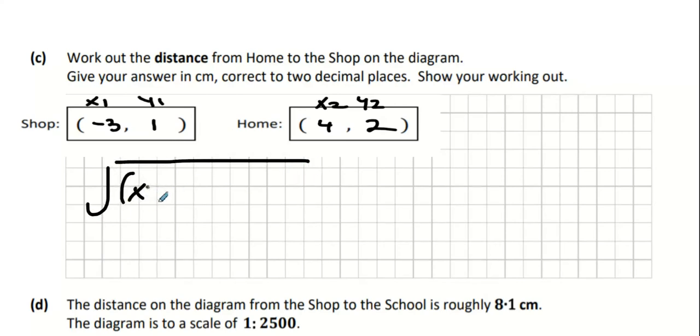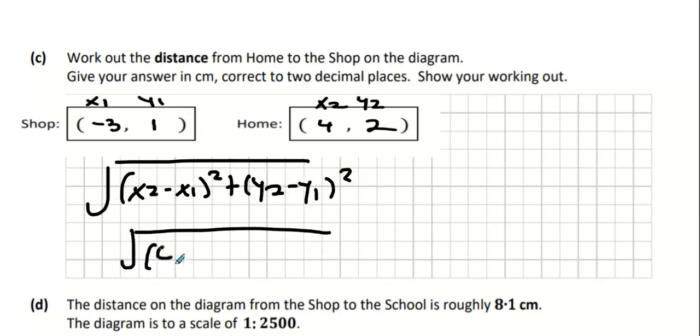So x2 minus x1 squared plus y2 take away y1 squared, and what we get is 4 minus -3. Remember, the minus belongs to the formula, the other minus belongs to the point, but we know that 4 minus -3 is actually 4 plus 3, to be squared. And then the other one is y2, which is 2 take away 1, squared. Now you can put all of this into the calculator, no bother.